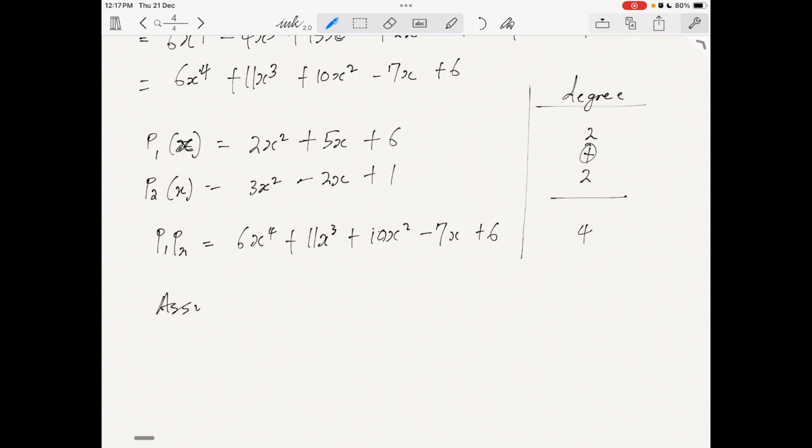So let's say we assume p1 of x is of degree 3 and p2 of x is of degree 5.